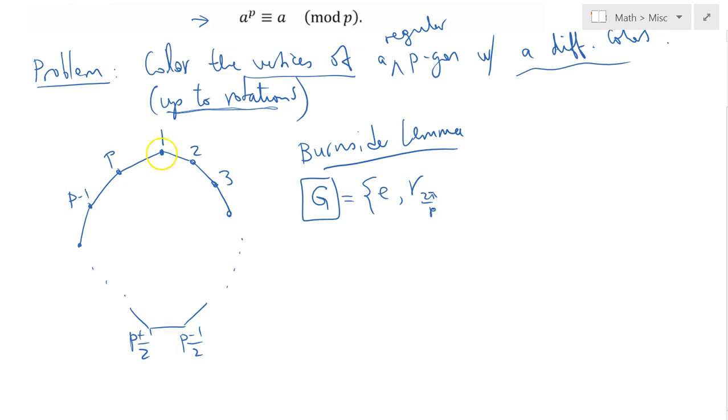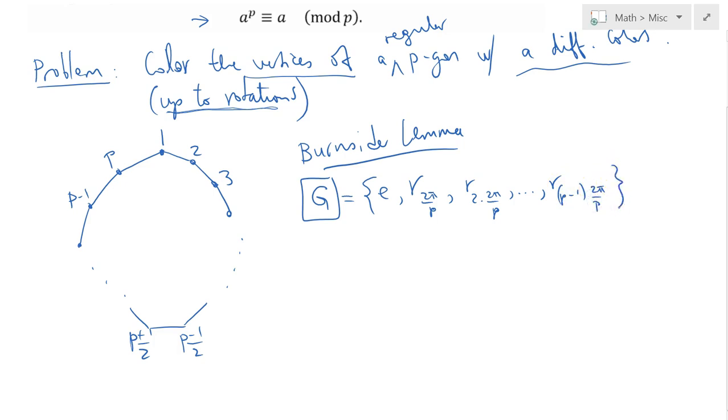It would take vertex 1 to vertex 2, 2 to 3, 3 to 4, and so on. It will simply rotate each vertex to its adjacent neighbor. And then the other rotation would be 2 times 2 pi over p, and so on. Finally, p minus 1 times 2 pi over p.